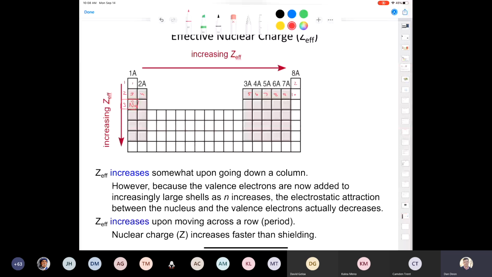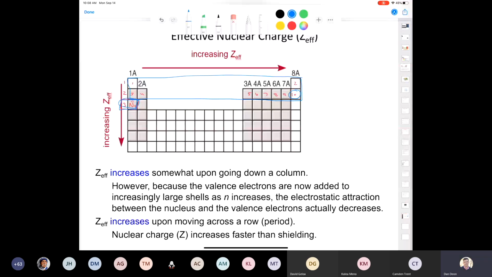So all of these 10 electrons come before the third period, so those are core electrons. That means sodium has 10 core electrons, and then 1 electron in that third period, so it has 1 valence electron. It's got 11 protons in the nucleus, but it has a total of 10 electrons blocking this last electron from the nucleus.